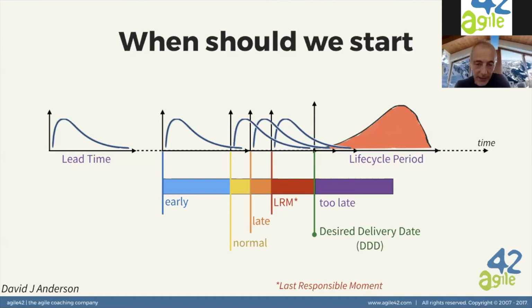For instance, LRM stands for last responsible moment. In that case, you can see that we finish later than the desired date. But at that point, the cost of delay, the height of the right curve, is not so much. So the impact of being late is still low, and we could decide to take that risk. Again, this is based on policies and sharing of decision making.